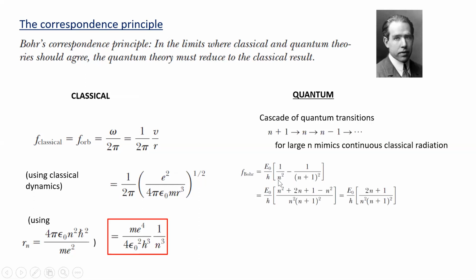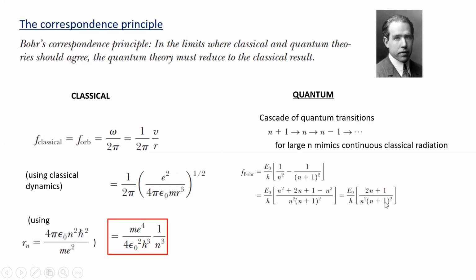Okay, then we do some algebra here and get a common denominator. So this is just some algebra, common denominator being n squared times n plus 1 squared, and then cross multiplying up here, simplifying on the top, and we get 2n plus 1 over n squared times n plus 1 squared.